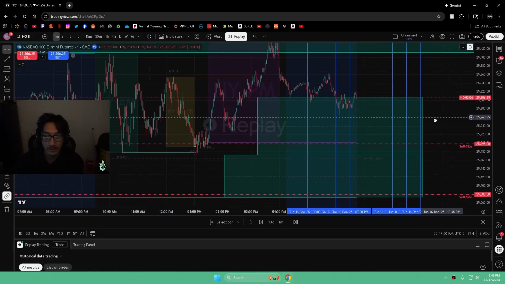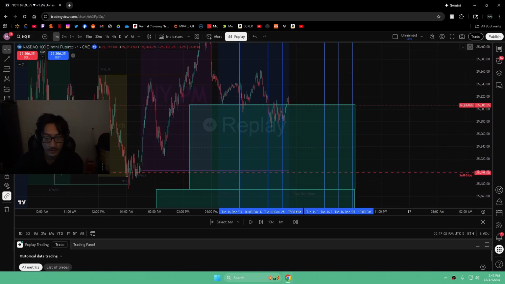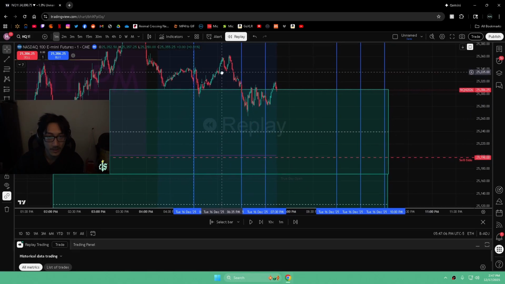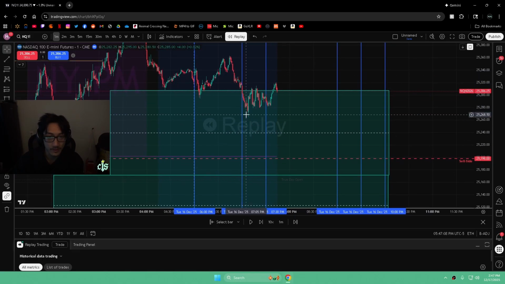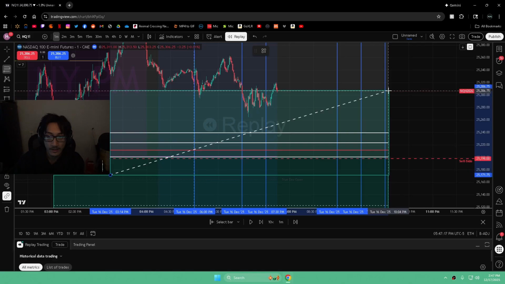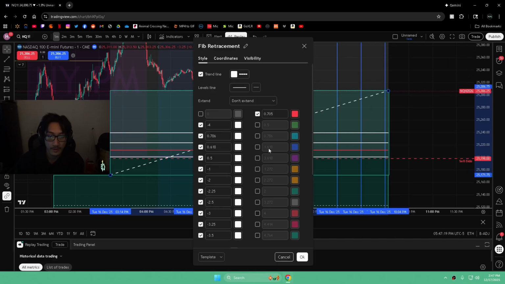Okay, now going back here, there's not really any manipulation here other than it just going towards here. And then if you look at our imbalance zone, right, it's in the top quarter of our imbalance.